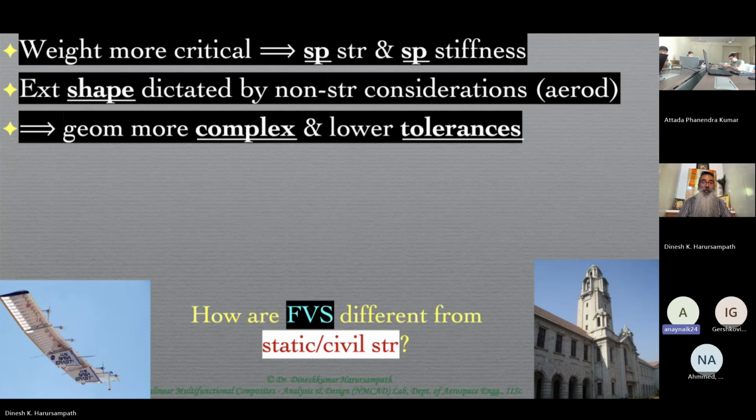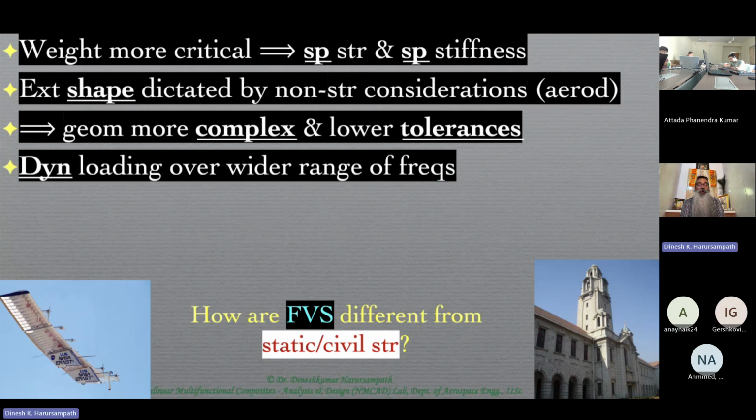Yes. Thank you. So the other aspect, which I think was brought out by one of you right at the beginning, is that these structures, because they are moving, will have dynamic loading, and the dynamic loading will be over not just a single frequency, but over a wide range of frequencies, much wider than what is encountered by buildings, especially once you go to very tall buildings.